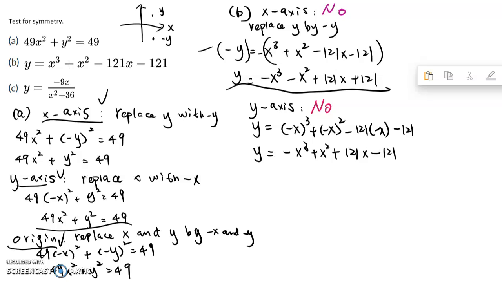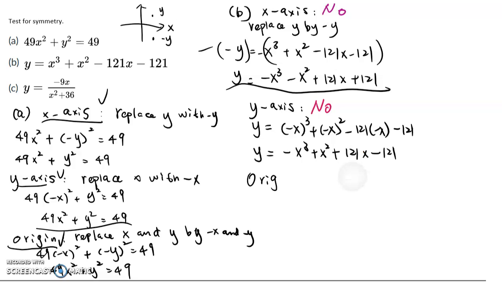Okay, last but not least, let me test for the origin. To test if the graph is symmetrical with respect to the origin, I need to replace x by negative x, y by negative y. So let's see.